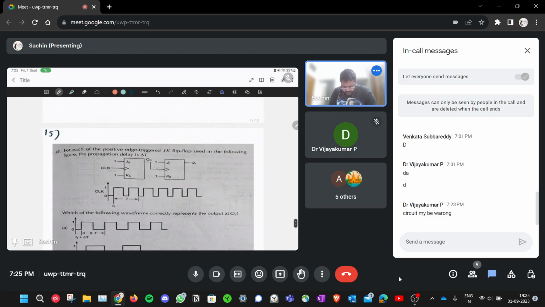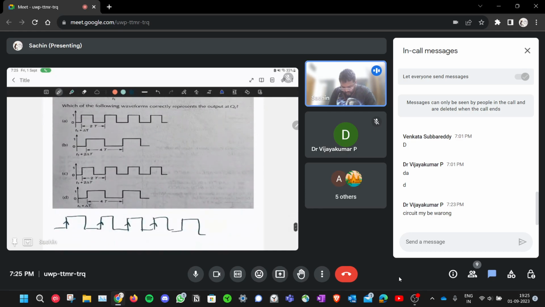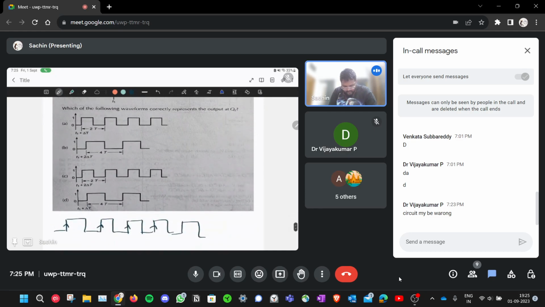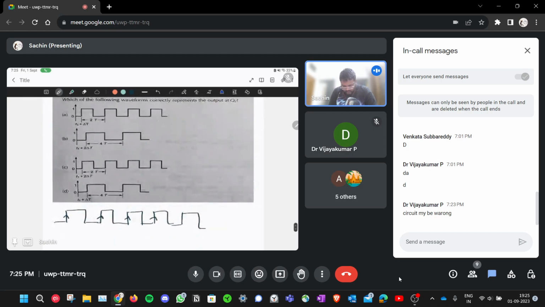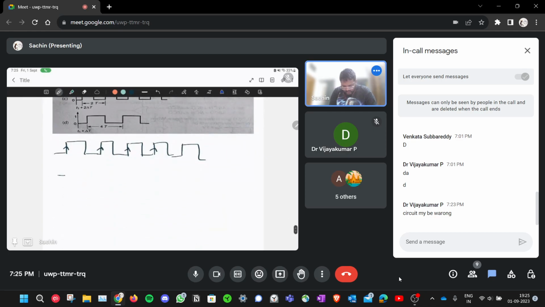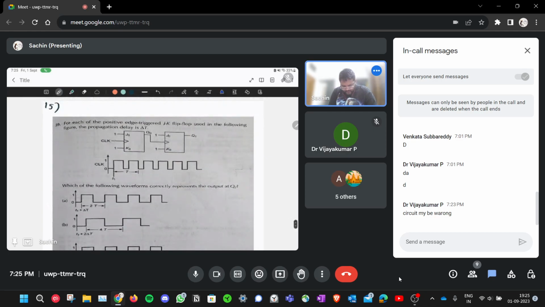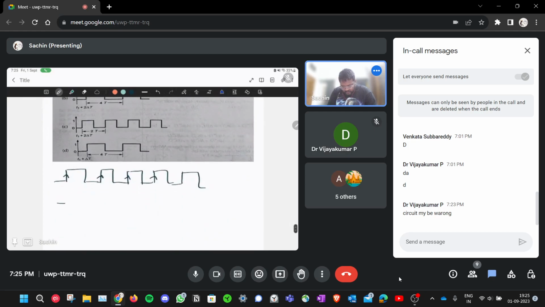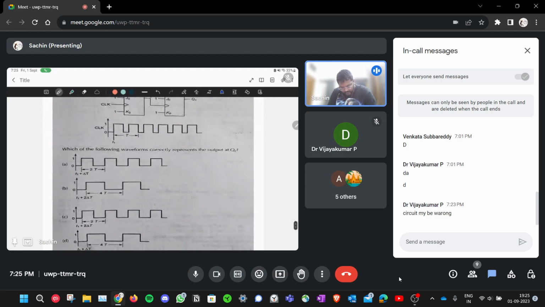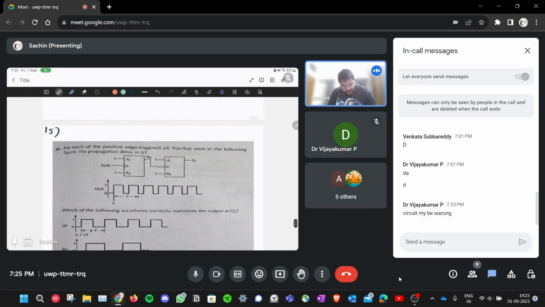Let's assume, since output waveforms all have 0 at the beginning, we can take the output as being 0 before anything starts. So it has been preset to 0. If you start from 0 at the positive edge, it will toggle like this. This is what is supposed to happen, but they have said that each flip-flop has a delay of delta t.